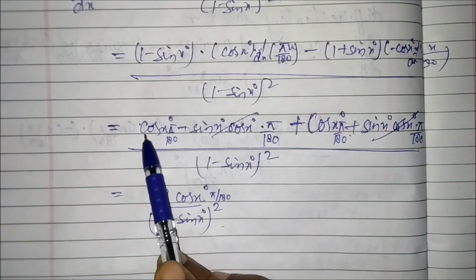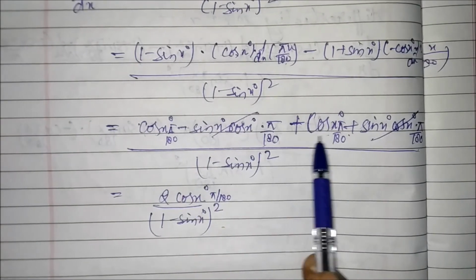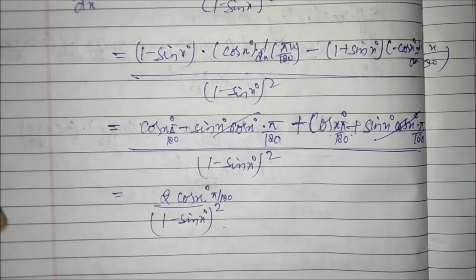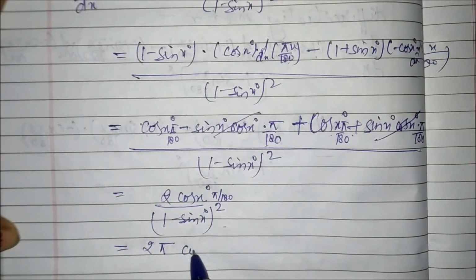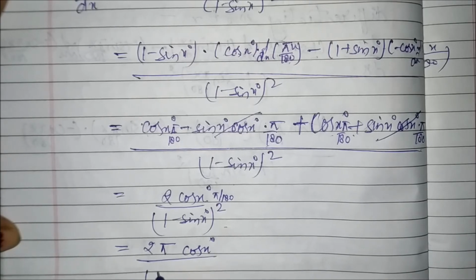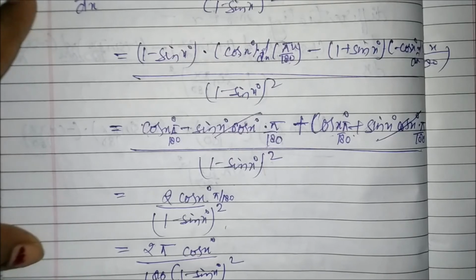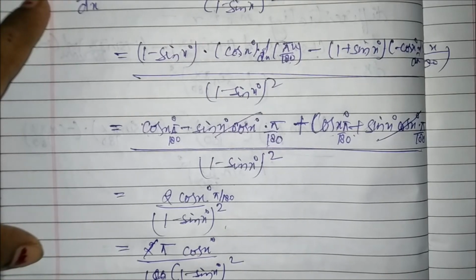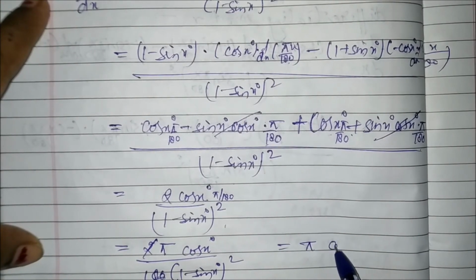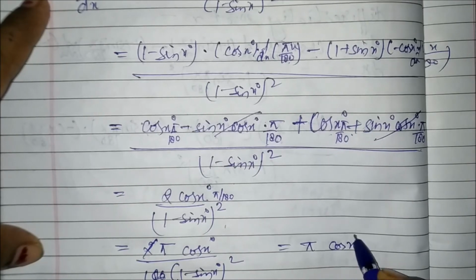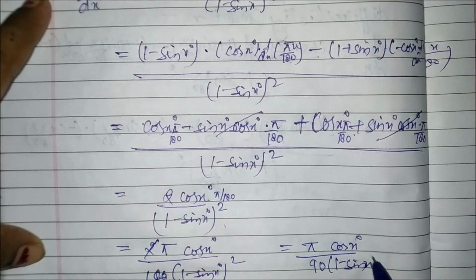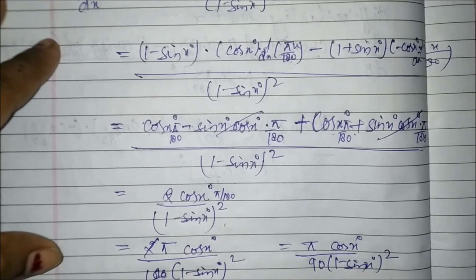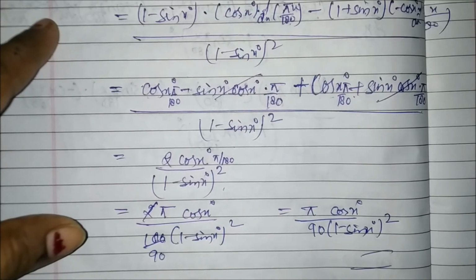We get 2 cos x pi by 180. Okay, so 2 pi cos x upon 180 into (1 minus sin x degree) whole square. This will be simplified. We get pi cos x degree upon 90 (1 minus sin x degree) whole square. Okay, so this is the final answer.